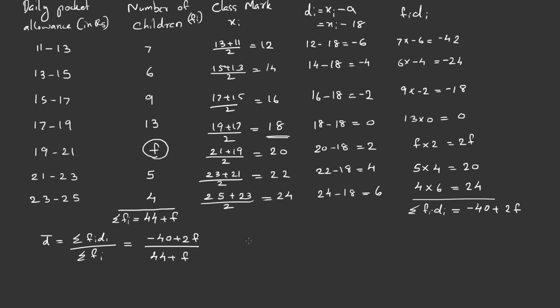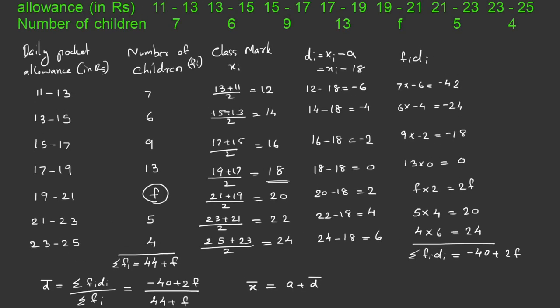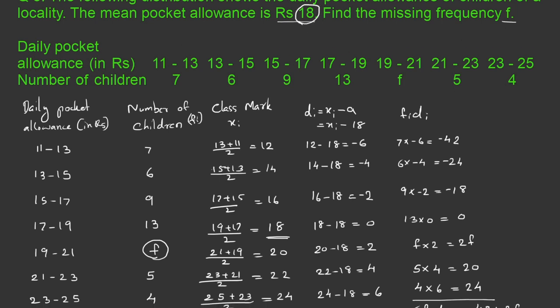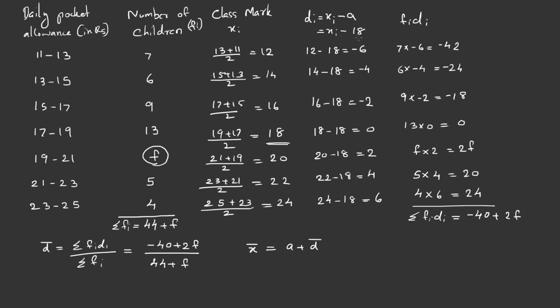We know the relation between mean and mean of deviations, that is x bar is equal to a plus d bar. In this question, the mean x bar is given, that is 18. We know a is equal to 18 and d bar is minus 40 plus 2f divided by 44 plus f.